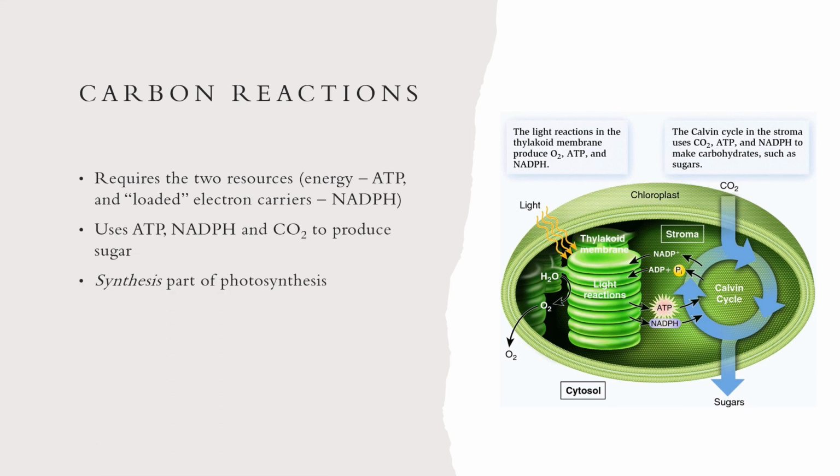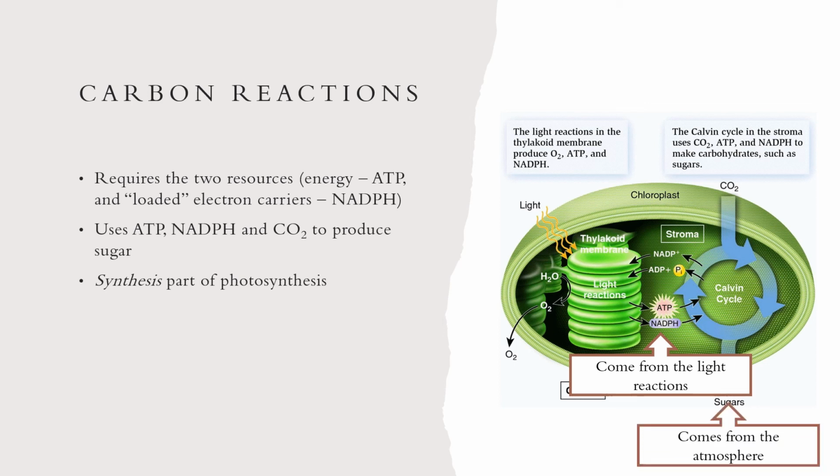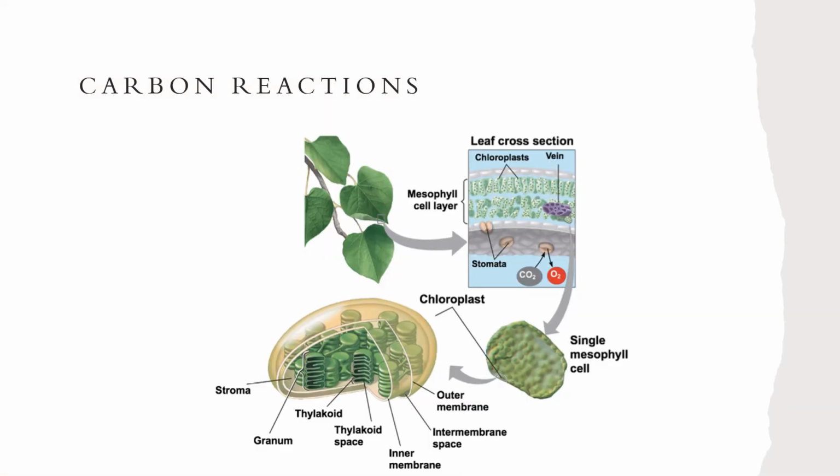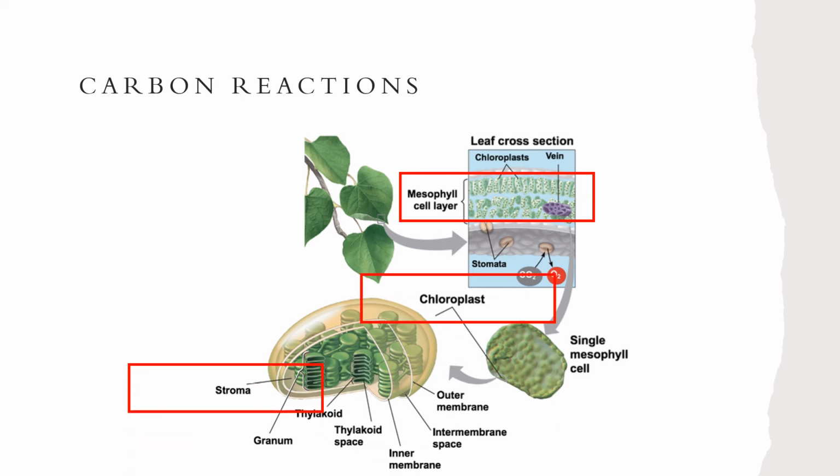These reactions are the synthesis part of photosynthesis. The ATP and NADPH come from the light reactions, and the carbon dioxide comes from the atmosphere. Once inside the leaf, the carbon dioxide diffuses into the mesophyll cell and across the chloroplast membrane, and then into the stroma where the carbon reactions occur.